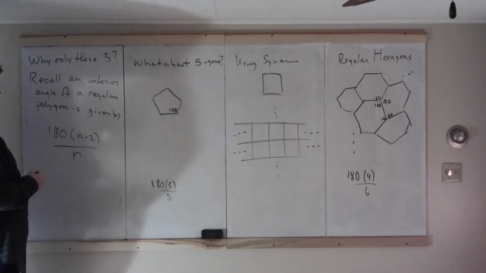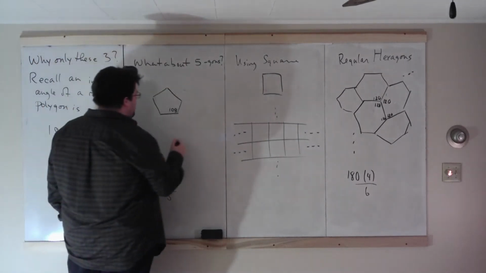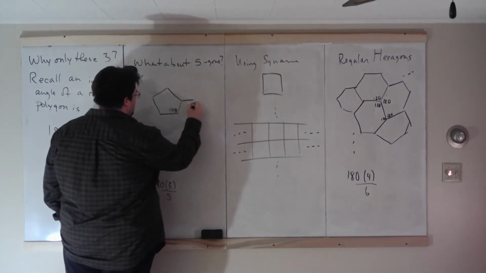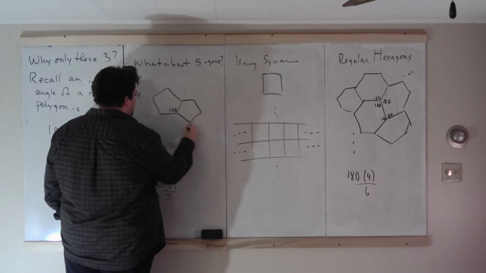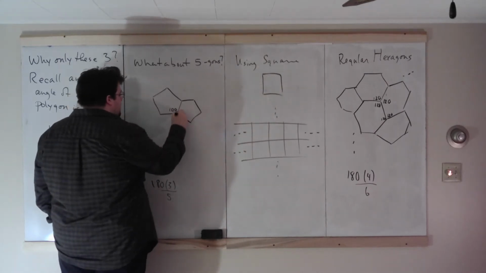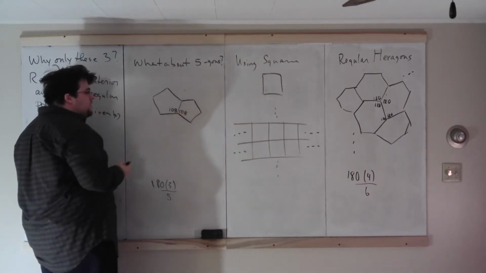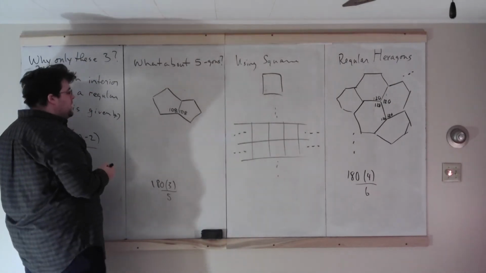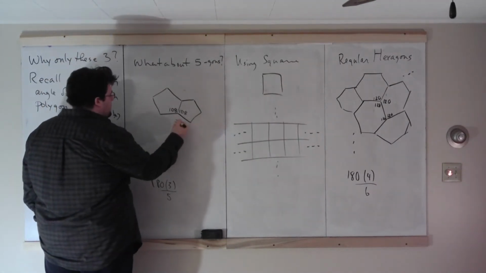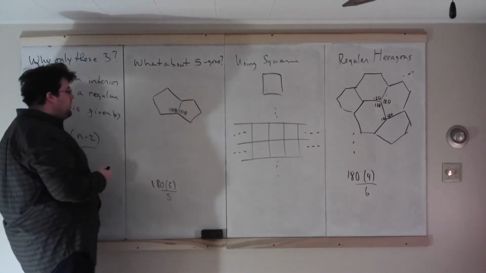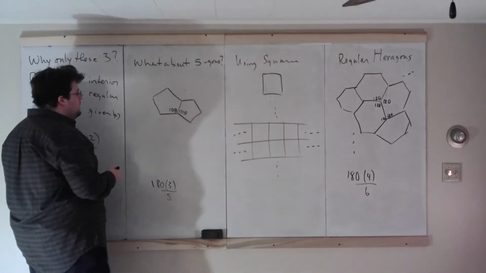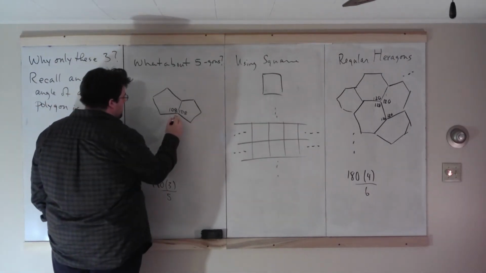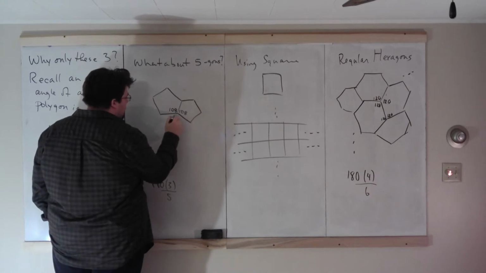So all of these angles are going to measure 108. So let's try piecing together pentagons. There's a second pentagon. There's another 108. Do we have room for another pentagon? Well, yes, we do, because the remaining angle in here is 144.